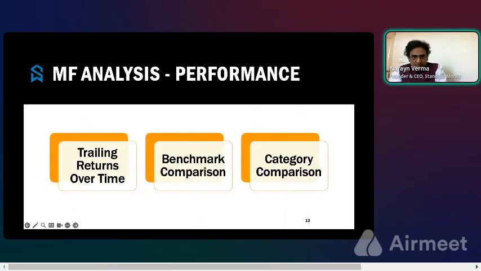Fund performance is one of the most common factors which almost everybody looks at, and this is the easiest factor to judge. You are looking at trailing returns, 3 years, 5 years, 10 years, and trying to compare with other funds.